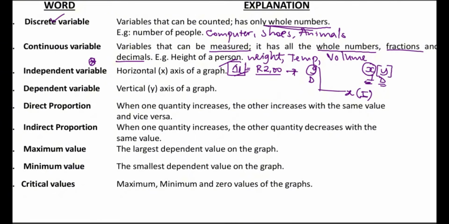Then we go to what we call direct proportion. These ones will also be asked in questions, especially they like asking what kind of relationship is displayed in the graph above or in the table above. Should both variables increase or decrease at the same value, that becomes direct. By the way, the nature of graphs here are straight lines and curves.